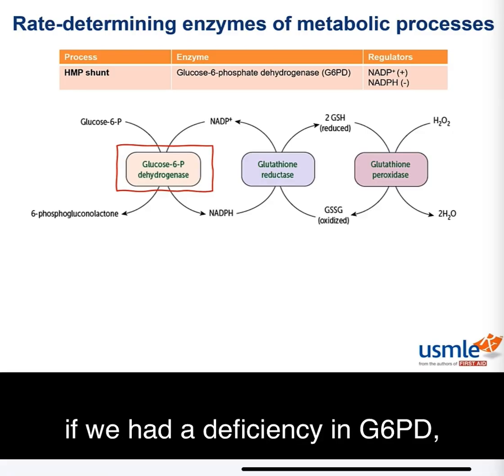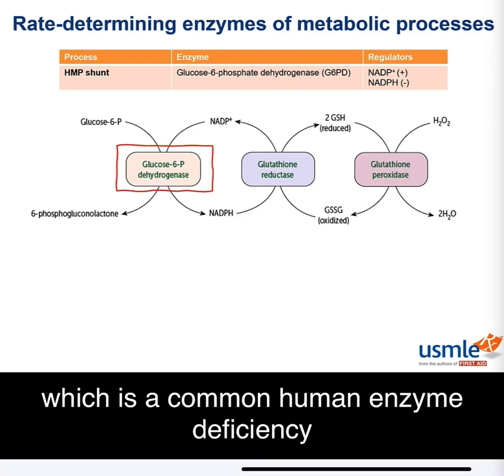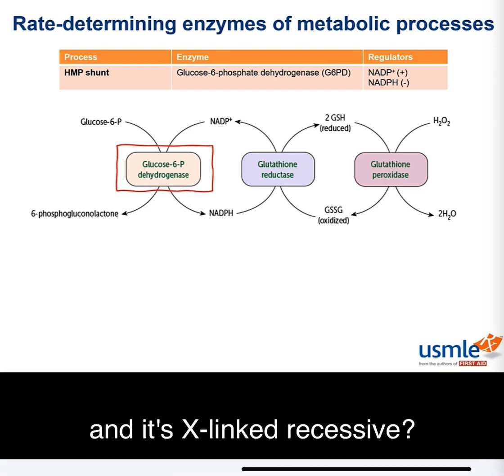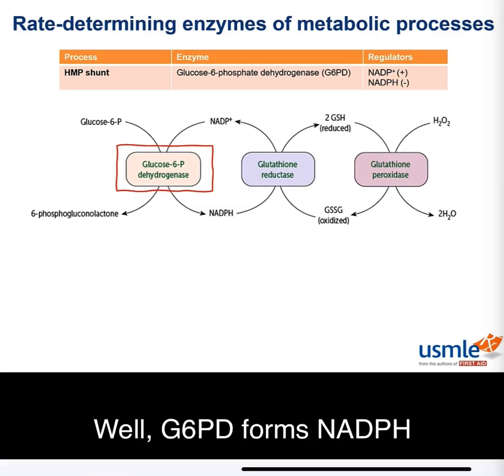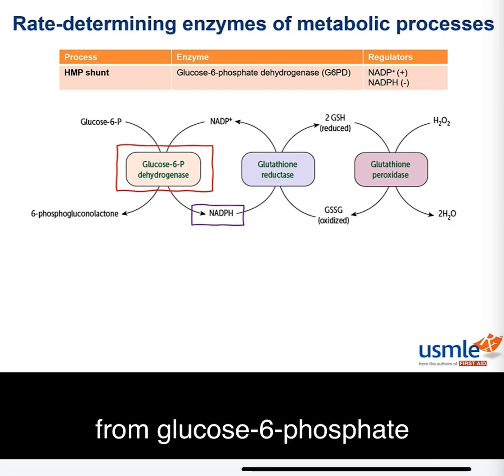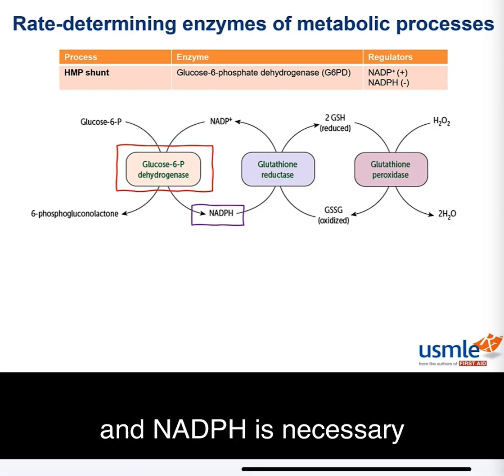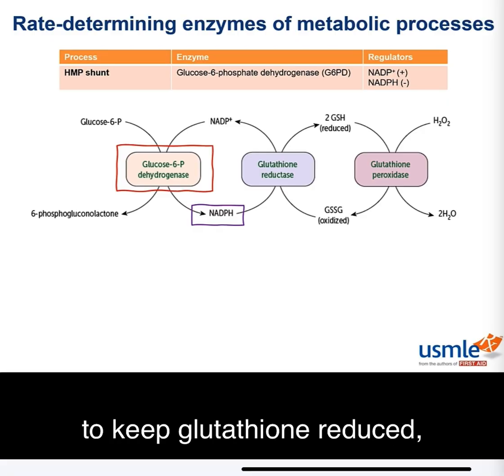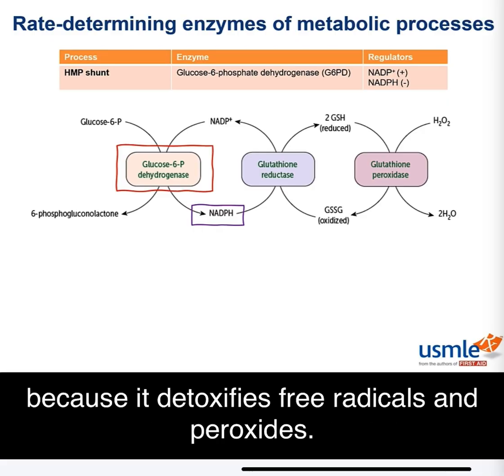Why would it matter if we had a deficiency in G6PD, which is a common human enzyme deficiency and it's X-linked recessive? Well, G6PD forms NADPH from glucose 6-phosphate, and NADPH is necessary to keep glutathione reduced because it detoxifies free radicals and peroxides.